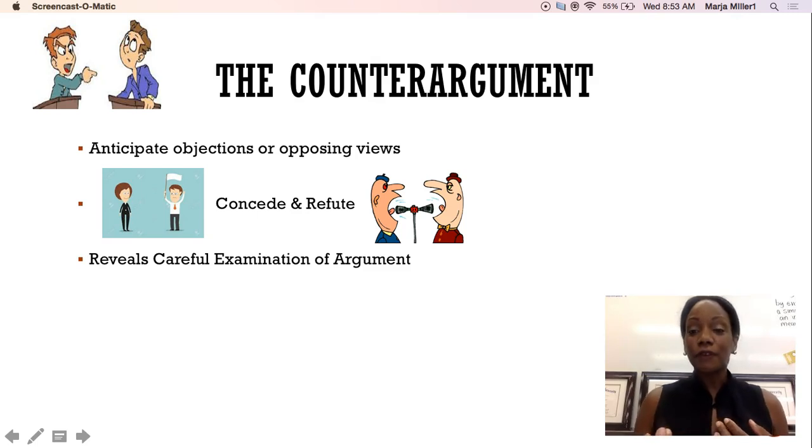And they do that before the opposing side can do that. So when the speaker acknowledges the counter argument, the opposing viewpoint, that is called concede or concession. But then, after conceding, they go back and refute or overcome that objection.